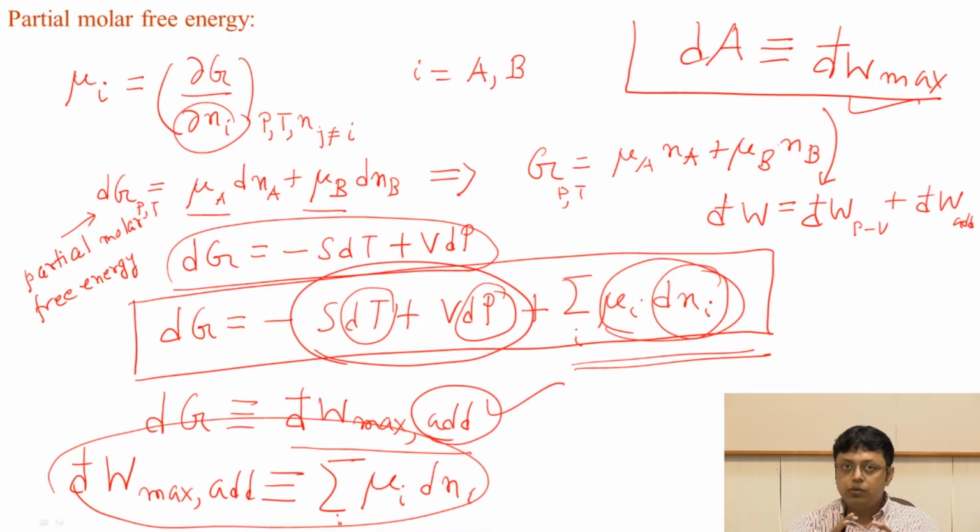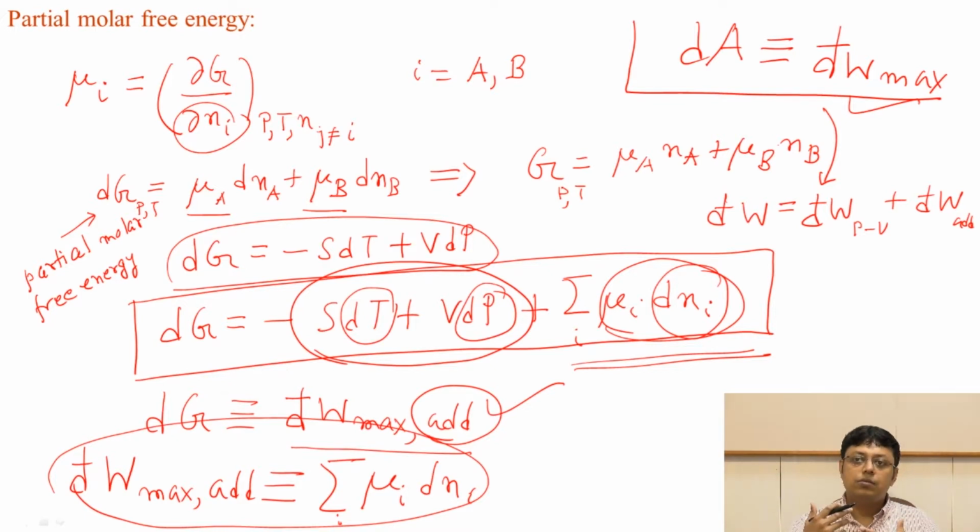We'll also quantify it. We are right now just writing it phenomenologically, saying that we are assuming there is a change in free energy, and that will be equivalent to sum of mu_i dn_i. But since there is no change in the pressure-volume kind of work, we are saying that this is a non-pressure-volume work.